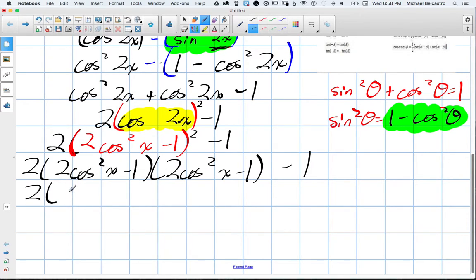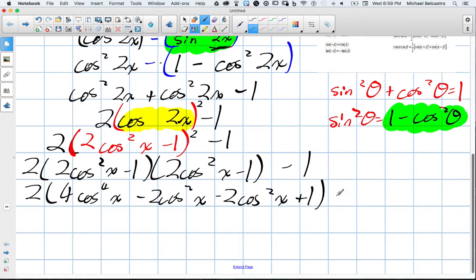That's going to give us 4. What's the easiest way to write this in? 4 cos to the 4th x. I think that would be it. Minus 2 cos squared x minus 2 cos squared x, and then plus 1.